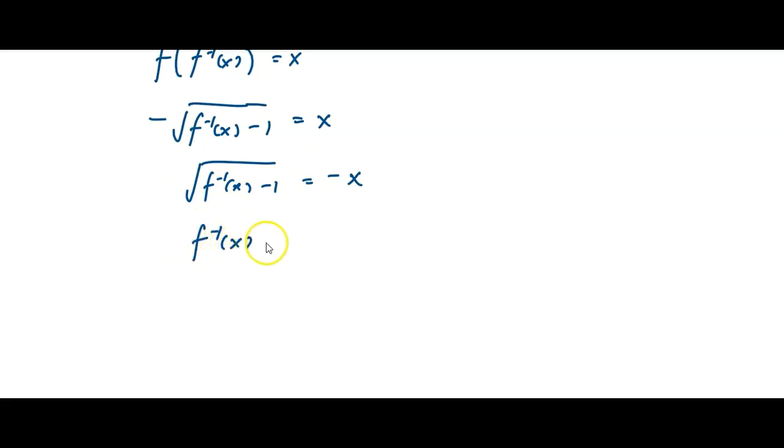The right-hand side, negative x squared, gives a positive x squared. Finally, f inverse of x minus 1 equals x squared, so f inverse of x equals x squared plus 1. So this is our inverse function.